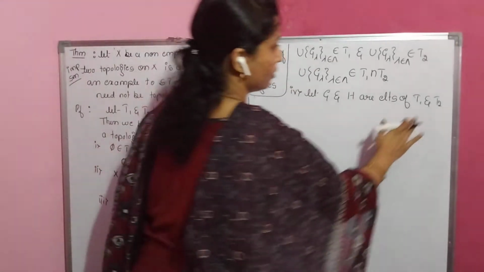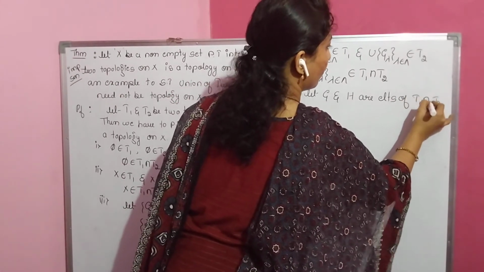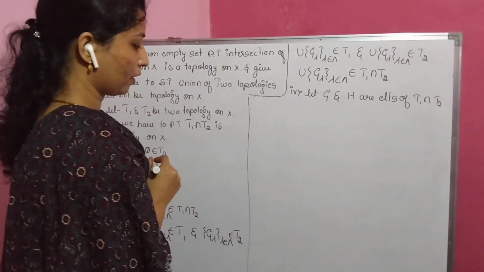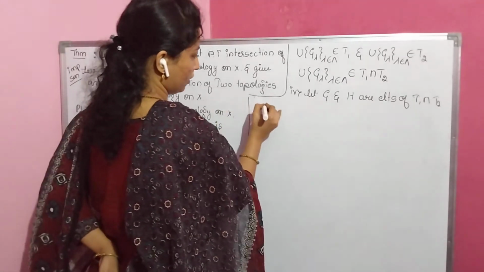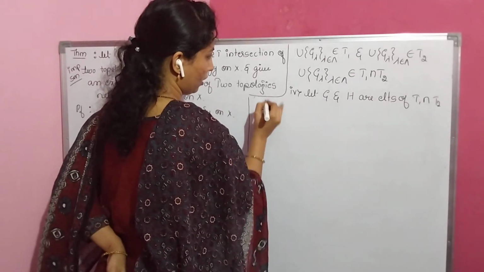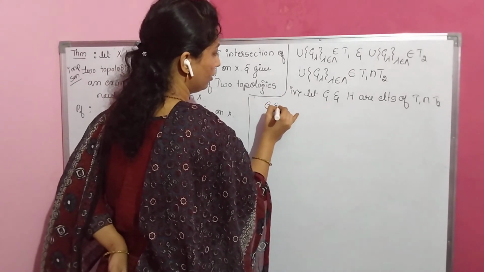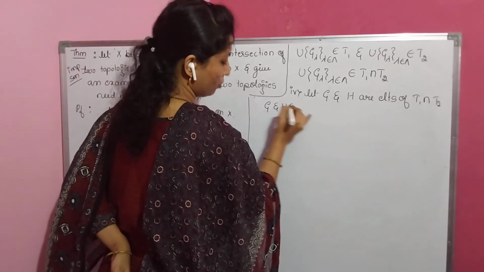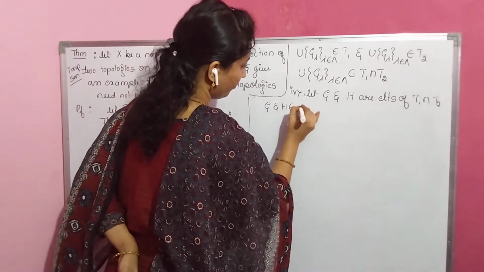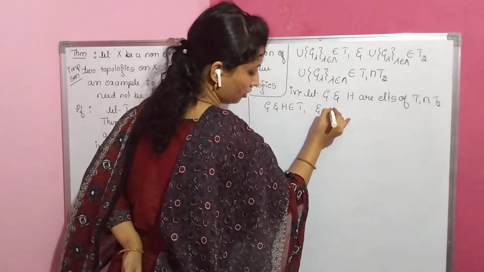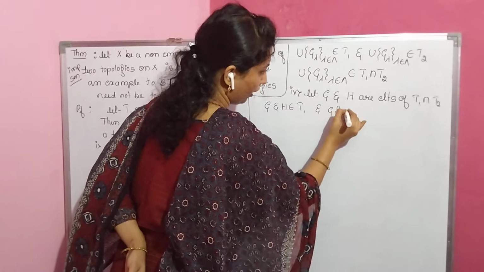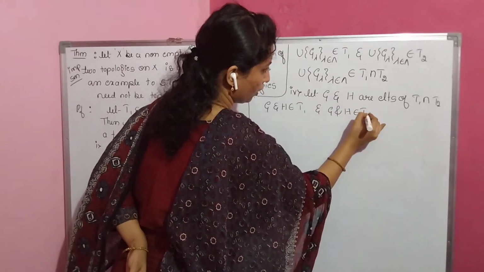Sorry, T1 intersection T2. Then G and H belong to T1 and G and H belong to T2.